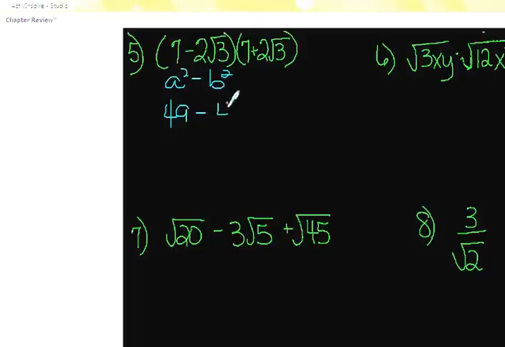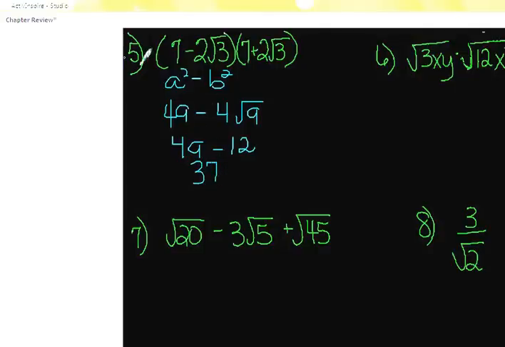You've got to square both components of that and then simplify. The square of 2 is 4, the square of 3 is 9. But we know that the square root of 9 is 3. So this will be 49 minus 4 times 3, which is 12. And so the final answer is 37.